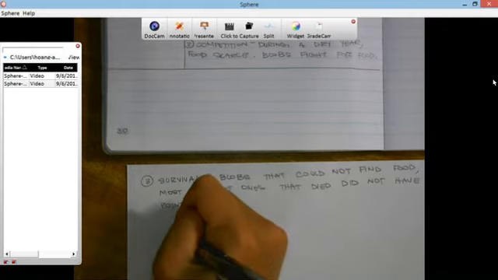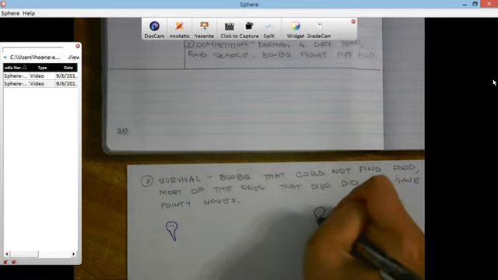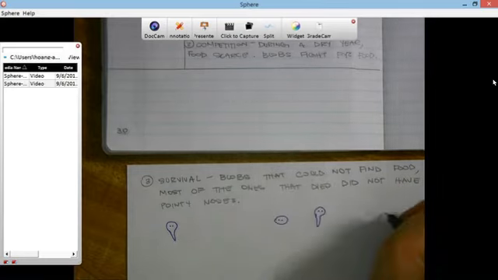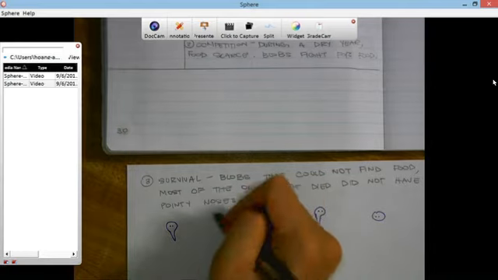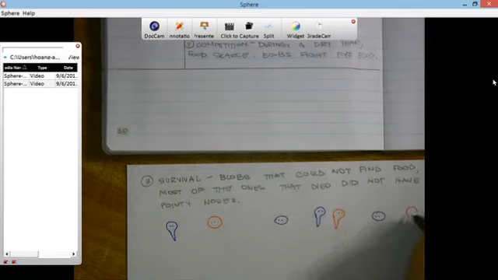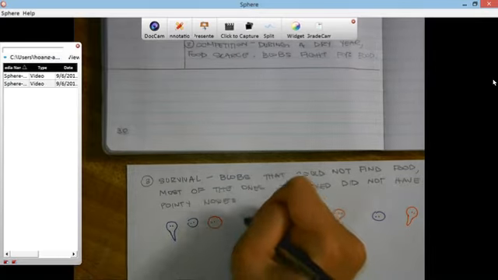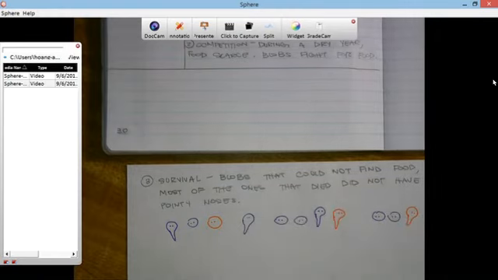So we had blobs with pointy noses, we had blobs without pointy noses, and they were all fighting for a food source.